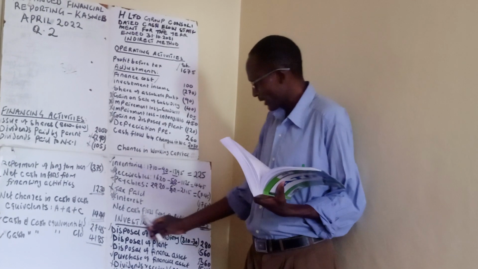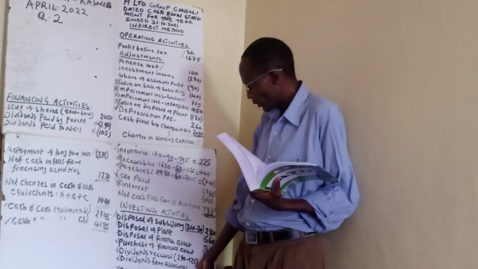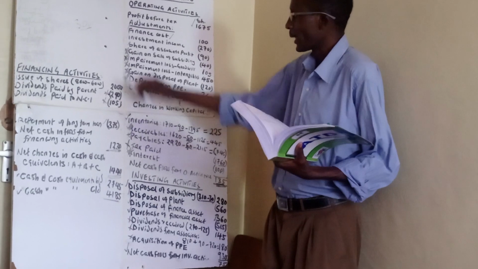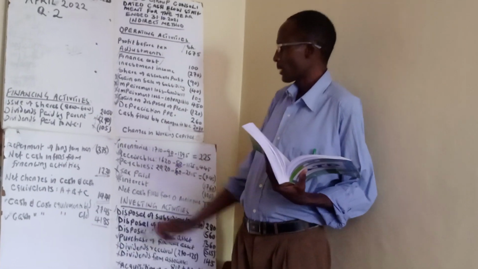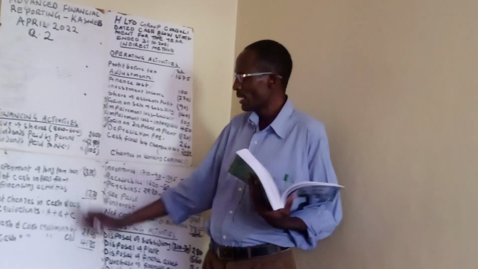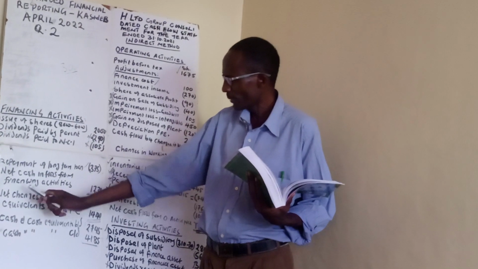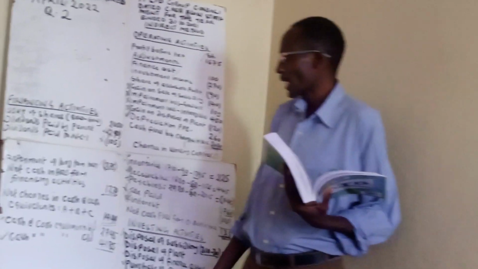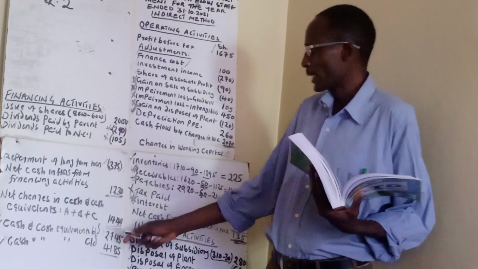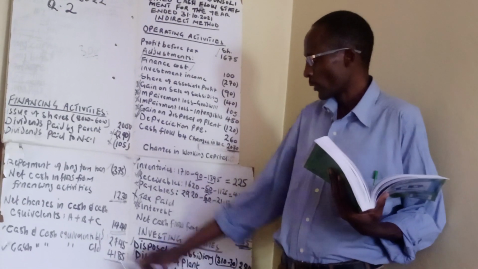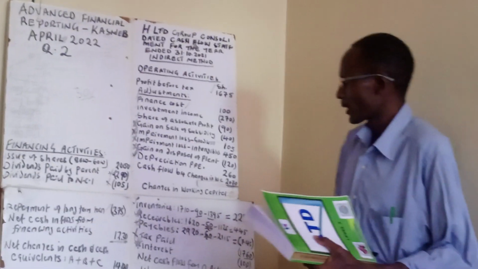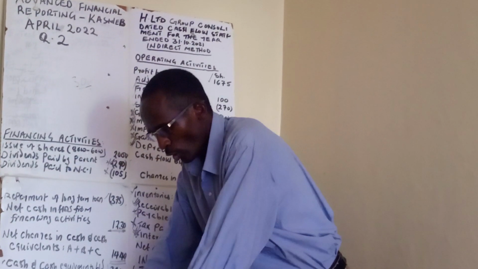Investing activities, you do this way, and then financing activities this way. When you add those three items, you get 1440, the net change in cash and cash equivalents, and then you add cash and cash equivalents brought down, and you get cash and cash equivalents carried down. And that is how you are supposed to go about it.